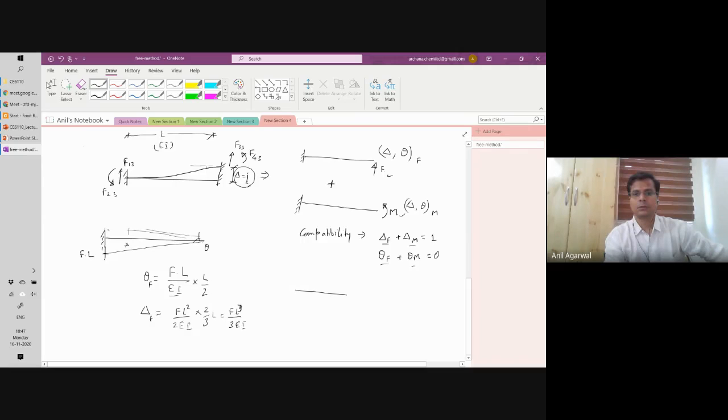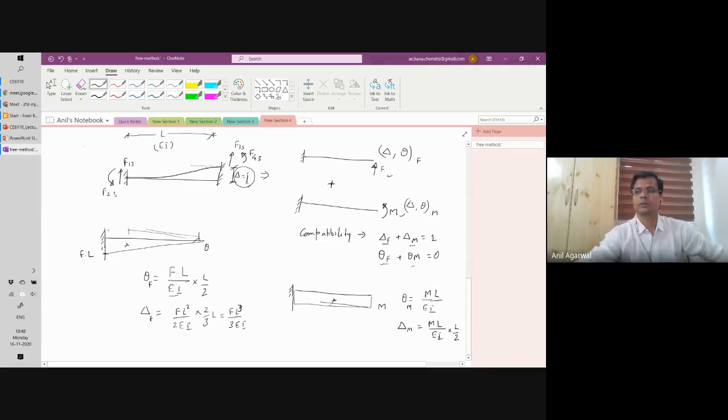Similarly, the bending moment diagram because of an applied M will be how much? Uniform M. Correct? So theta will be ML divided by EI, and these are because of M. Delta will be ML divided by EI multiplied by L by 2.